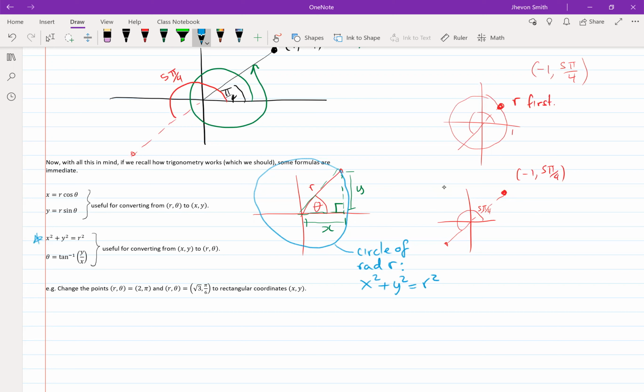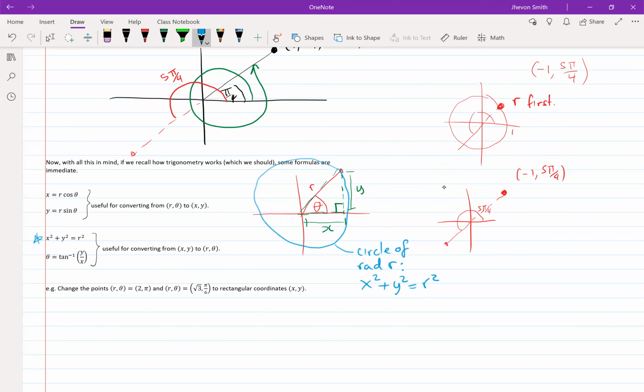And of course, if you want to solve for theta, tangent of theta is opposite over adjacent. So tangent of theta is y over x, and so your theta can be thought of as tangent inverse of y over x. These equations immediately become apparent from trigonometry, and they're actually pretty useful.